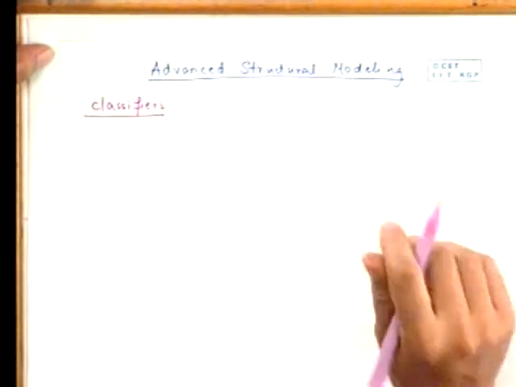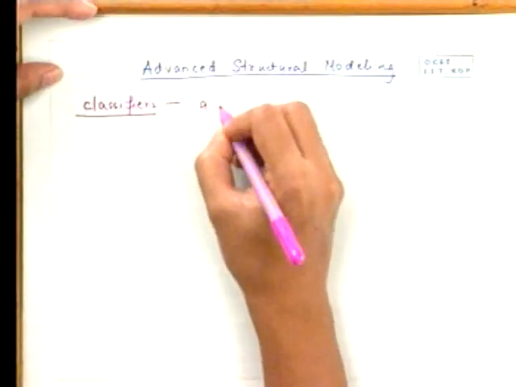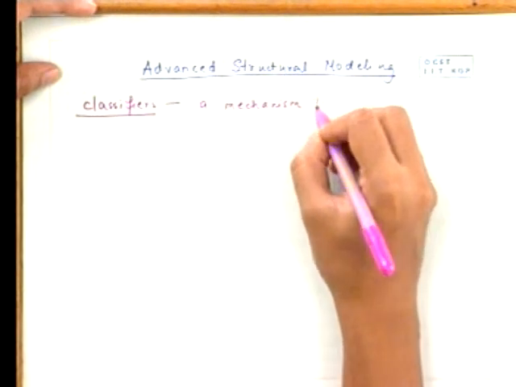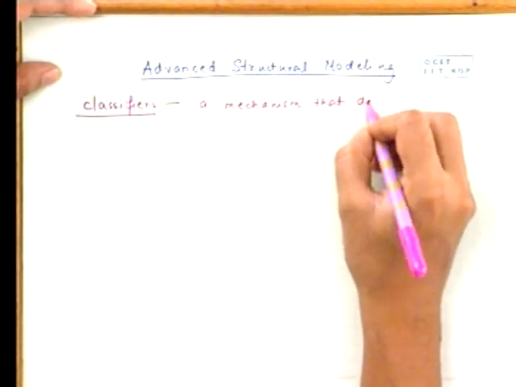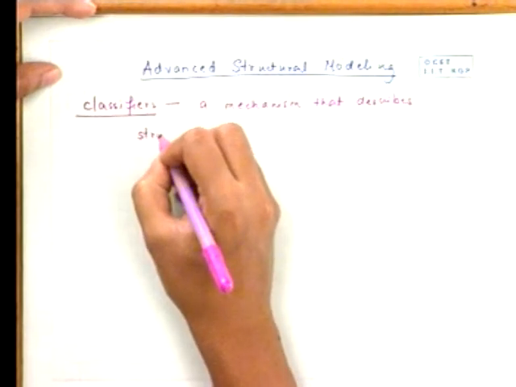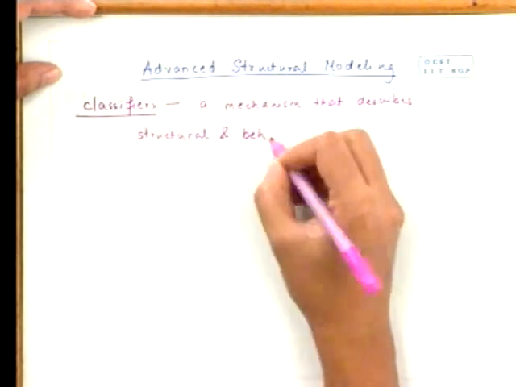Classifiers are the more generalized form of building blocks in the UML. And there are 7 types of classifiers in UML. So a classifier is actually a mechanism that describes structural and behavioral features.